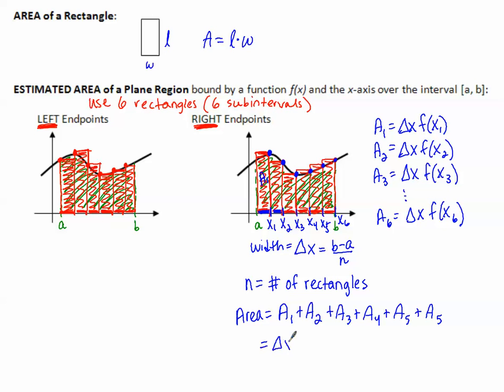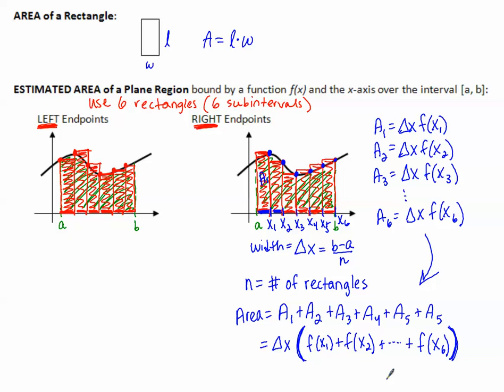Let's factor out the delta x. Then all we have to do is add up the y values, the heights, f of x sub 1, f of x sub 2, etc., all the way up to f of x sub 6. We multiply our common width that we factored out times the sum of the heights, and we have our area. So that's where those are going.